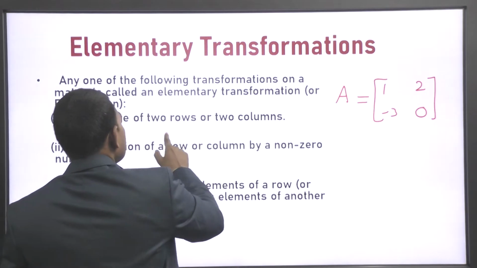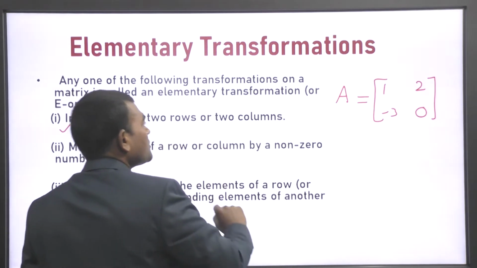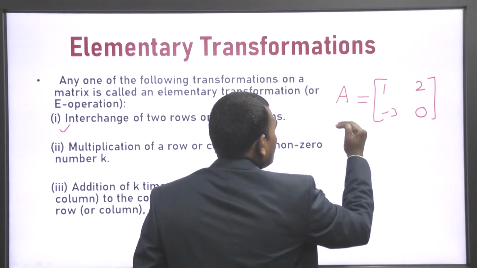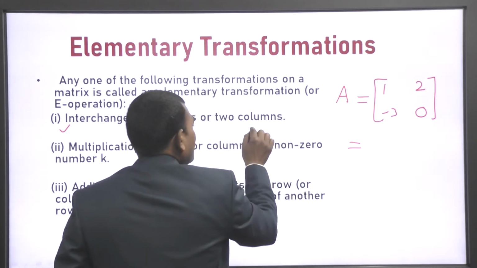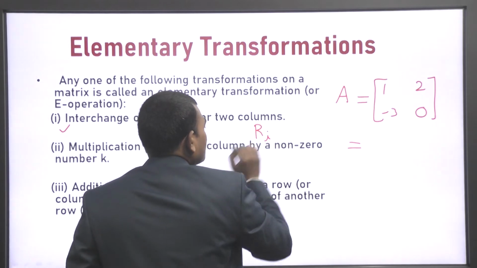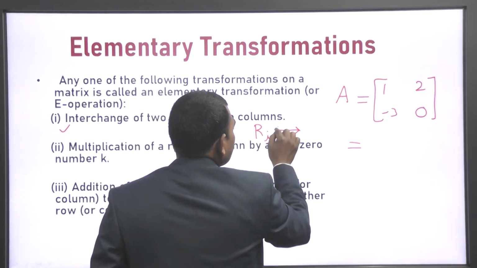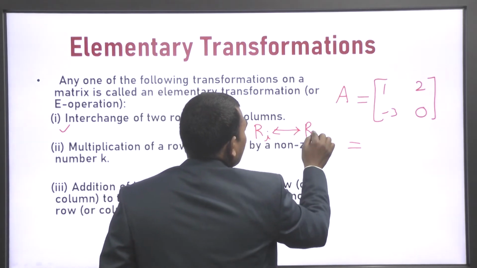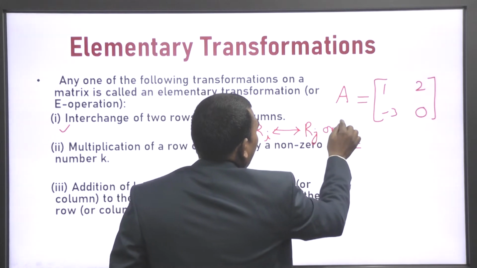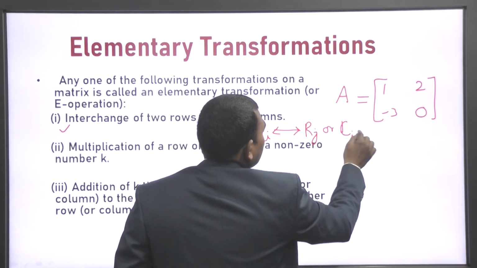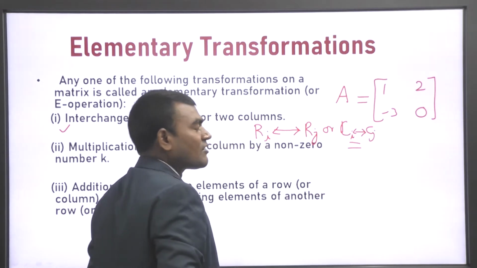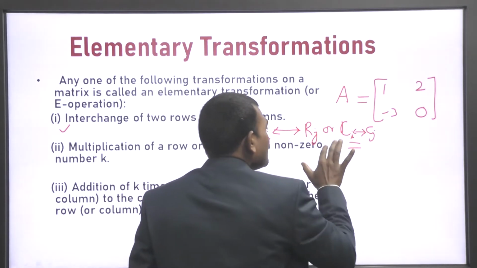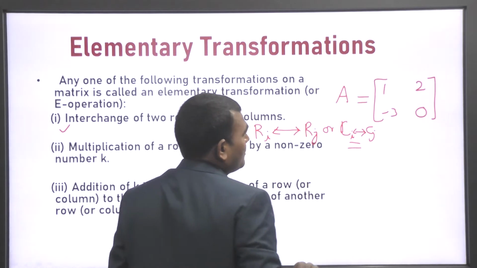First, interchange of two rows or two columns. Suppose the ith row is interchanged with the jth row, or the ith column with the jth column, then it is allowed under elementary transformations.